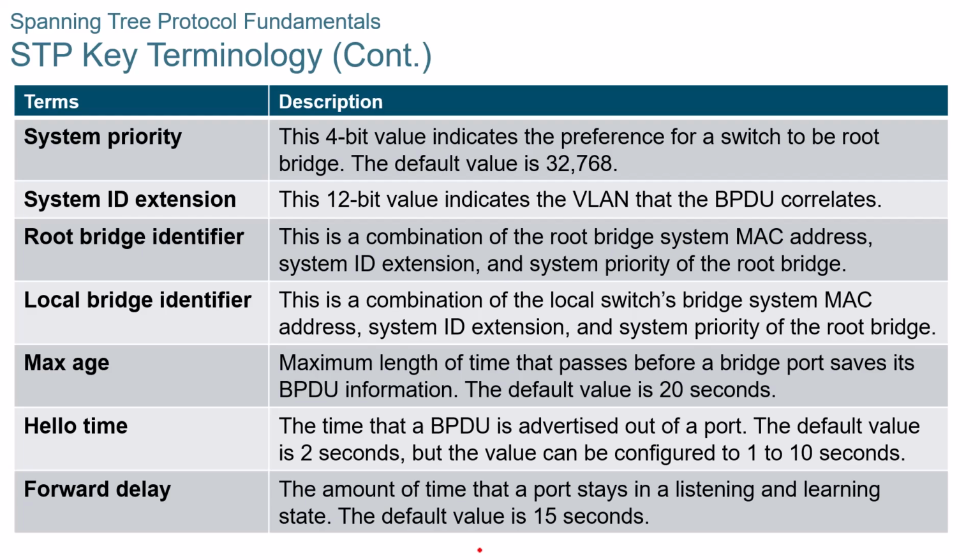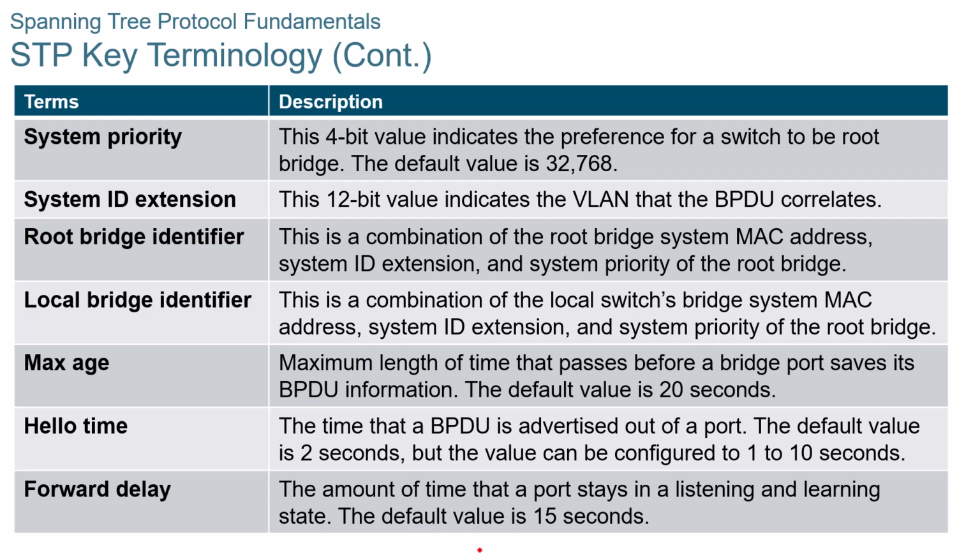We also have a local bridge identifier. This is a combination of the local switch's bridge system MAC, the system ID extension, and the system priority. The local bridge identifier will be attached to all individual switches, not the root bridge, because they'll have their root bridge identifier.